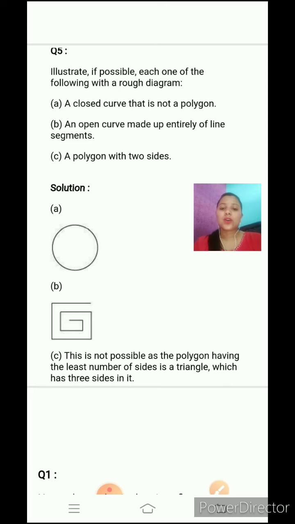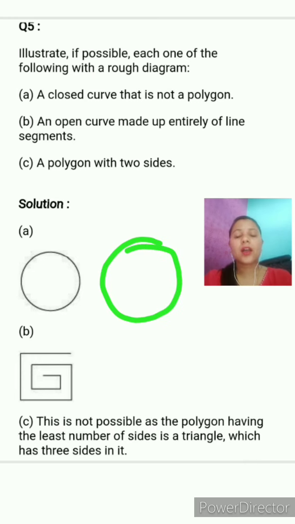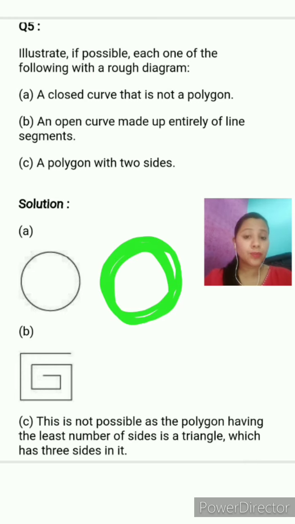Part A is a closed curve that is not a polygon. Remember that in your previous video, I already told you a circle is a closed curve. A circle is a closed curve which is not a polygon.